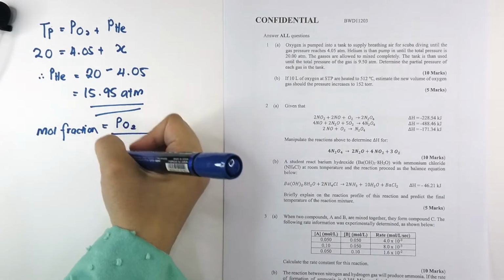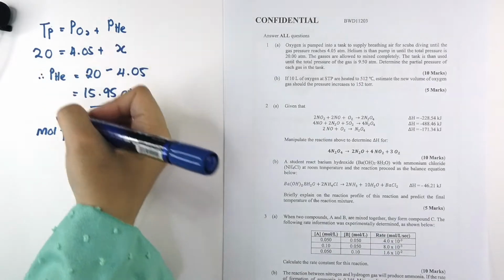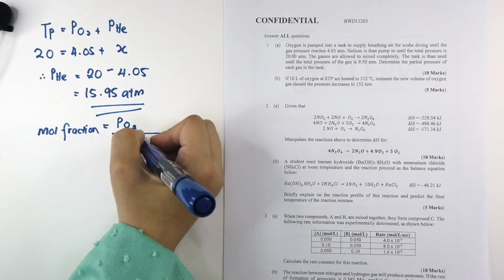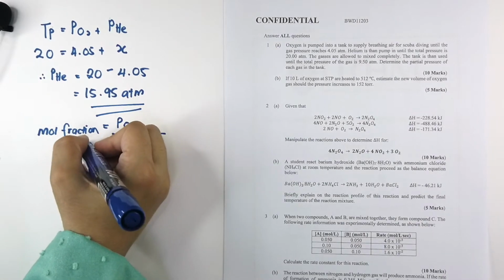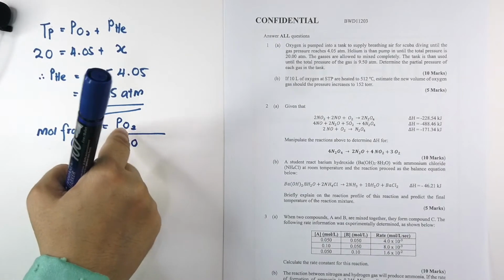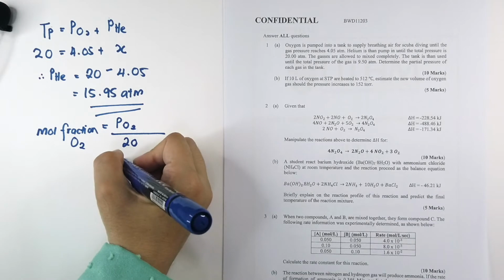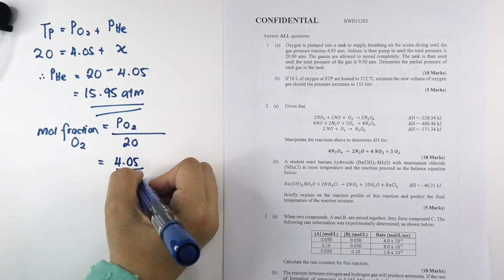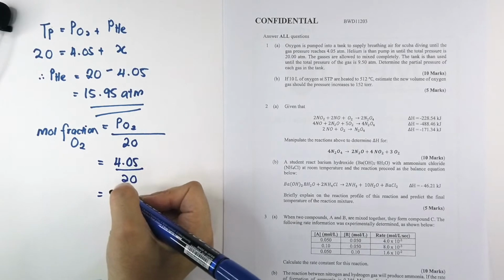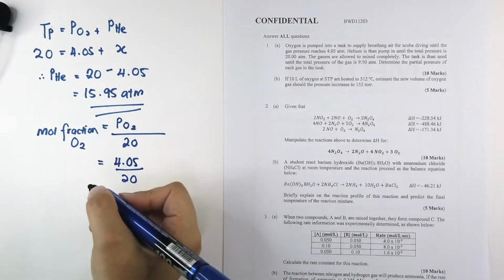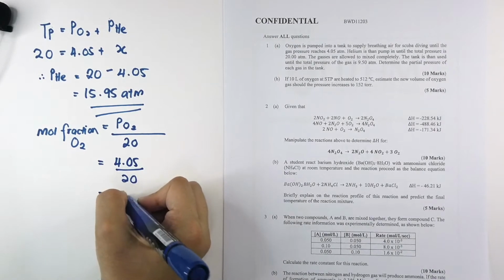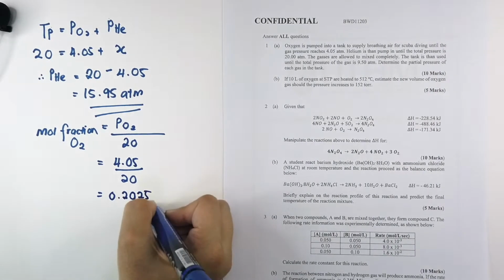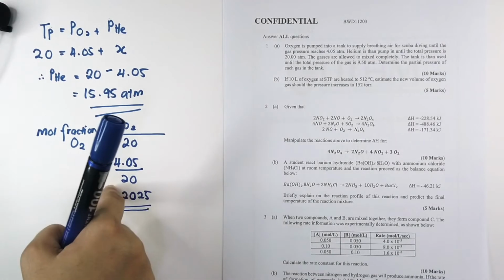The total pressure we know from the question is 20, and the pressure of oxygen given in the question is 4.05. So 4.05 divided by 20, you should get the mole fraction for oxygen equivalent to 0.2025.